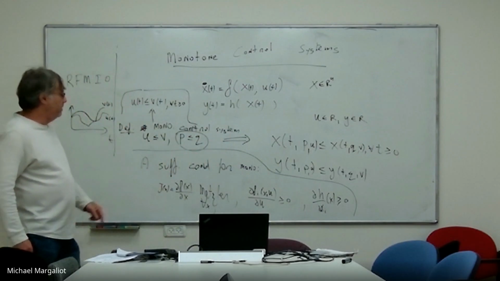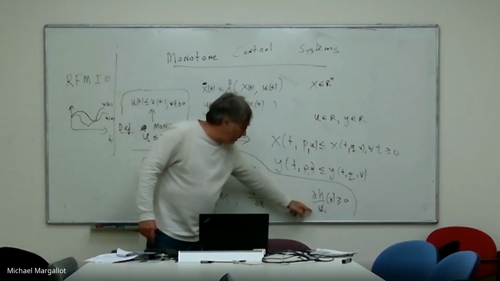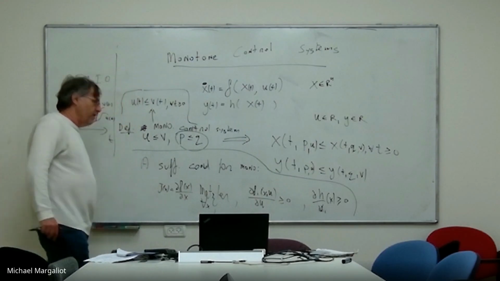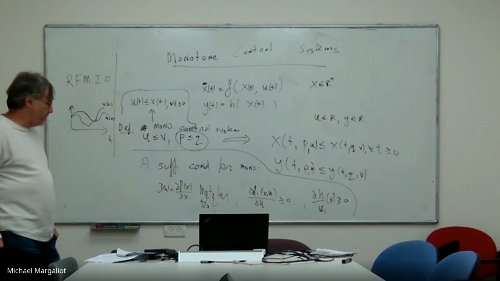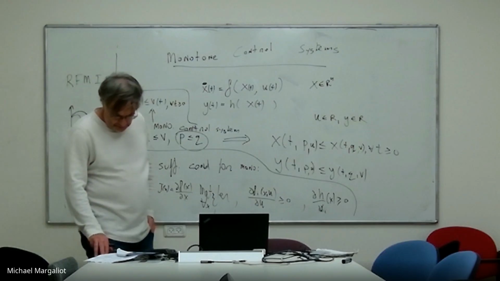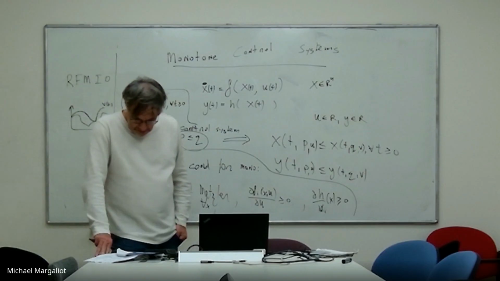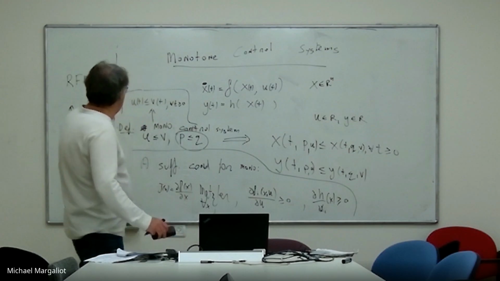So x was increased, but to see an increase in the y, you need this condition for the output scalar function h. It's not difficult to prove that if you have all these conditions, then the control system will be a monotone control system. So let's see a simple example.